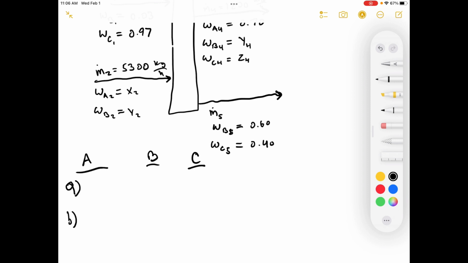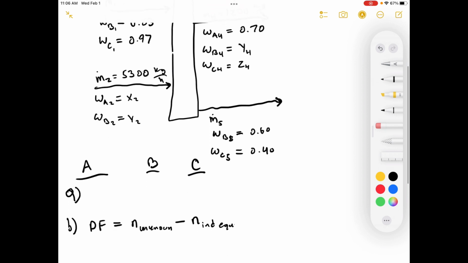So let's look at degrees of freedom, which is equal to the number of unknowns minus the number of independent equations.